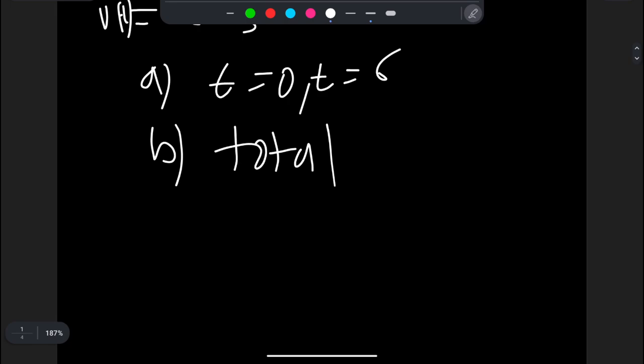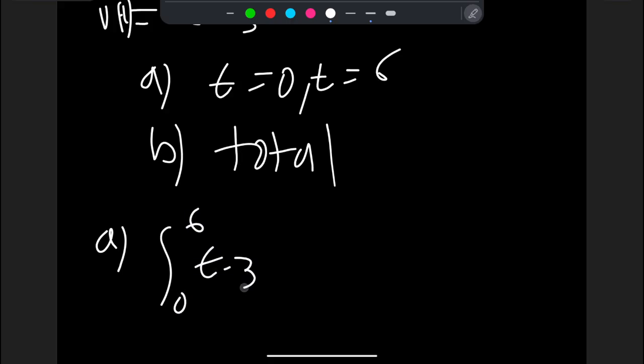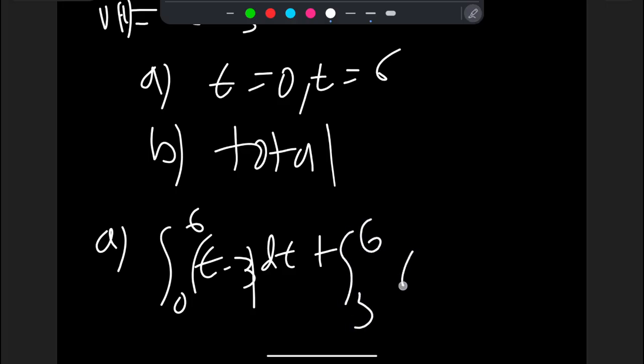So for the total distance, we have the integral from 0 to 3 of the absolute value of t minus 3 dt plus the integral from 3 to 6 of the absolute value of t minus 3 dt.